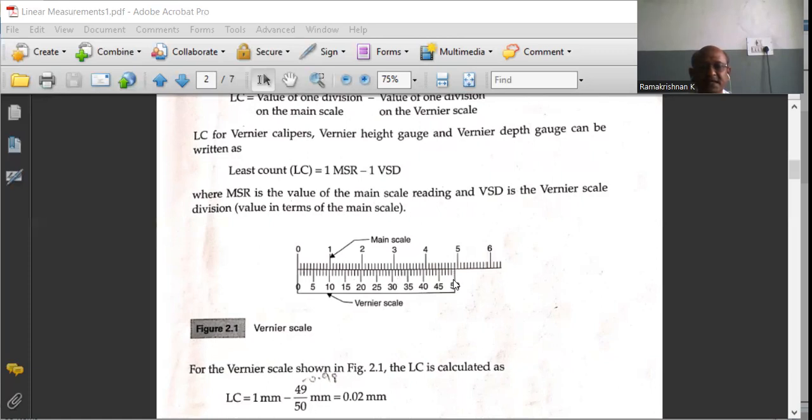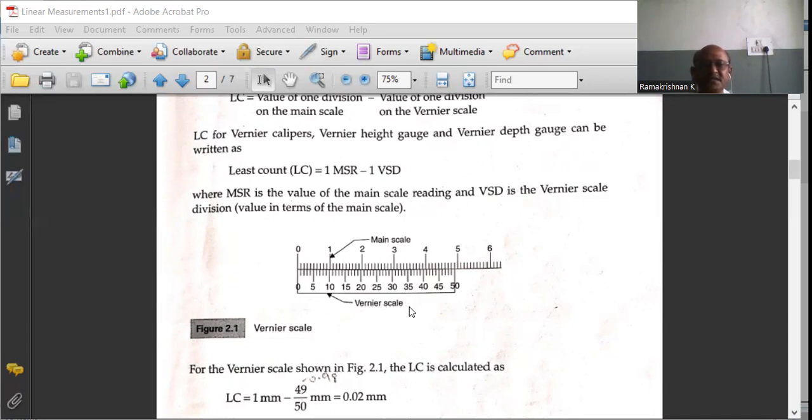So there is a difference between the division values of the main scale and the Vernier scale, and from this difference the accuracy is maintained. One division in the Vernier scale is 49 divided by 50, that is 0.98 mm.